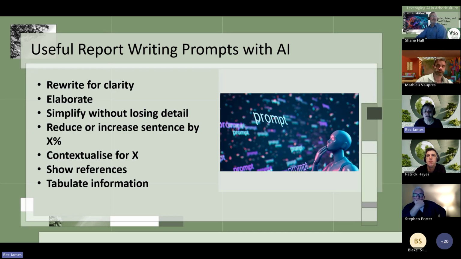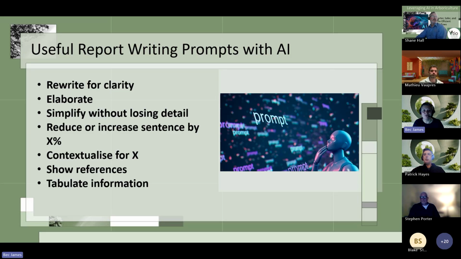Show references. I would hope that when you start adopting this, you'll use it when you're asking AI to do a bit of research for you. Say, for example, hey AI, can you tell me if this particular tree species is endemic or remnant to a particular area? You can do that research, but I would always end that question with show references, because AI can sometimes hallucinate.